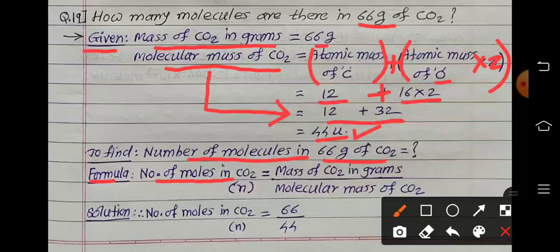First of all, we find the number of moles. So number of moles is equal to mass of CO2 in gram divided by molecular mass of CO2. Substitute the values. Solution now. Therefore, number of moles of CO2, the value of small n, is equal to mass of CO2, 66, which is given in the question, divided by molecular mass that we found here, 44. 66 divided by 44.